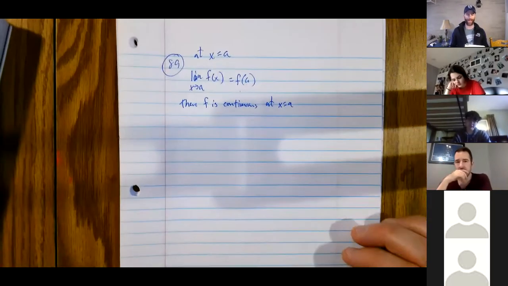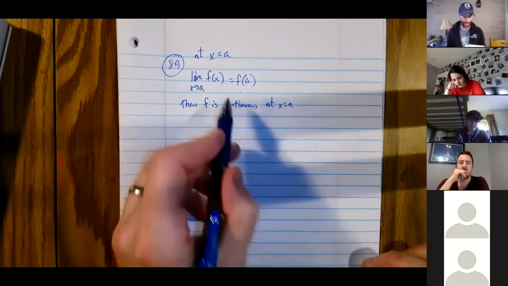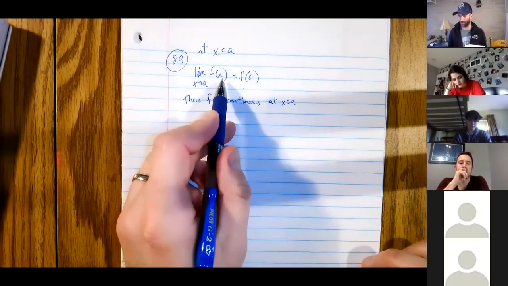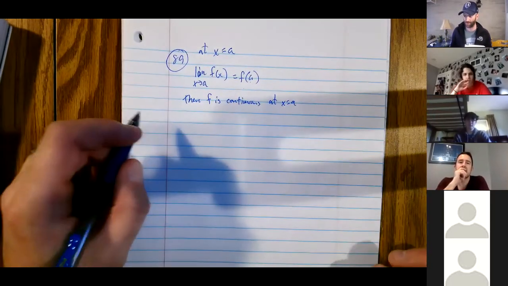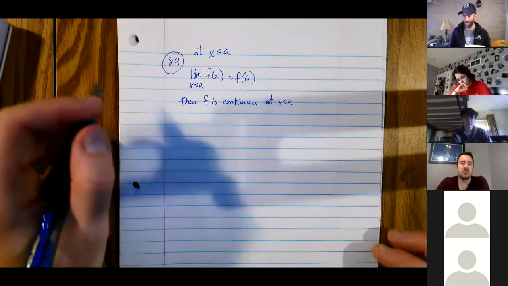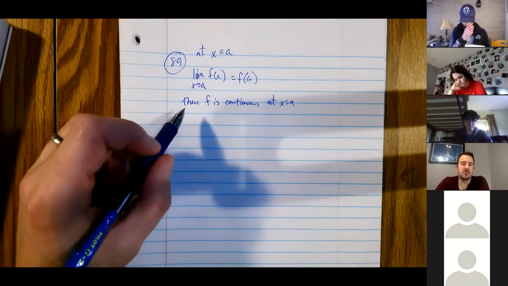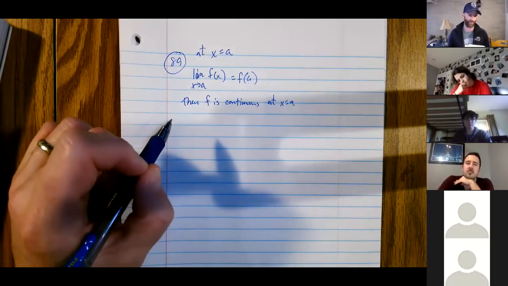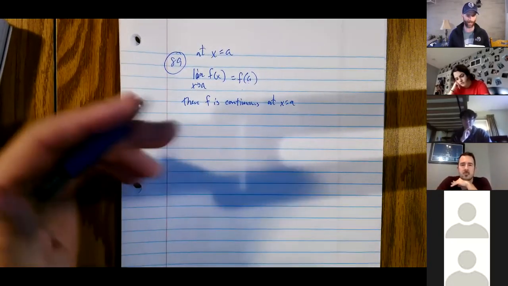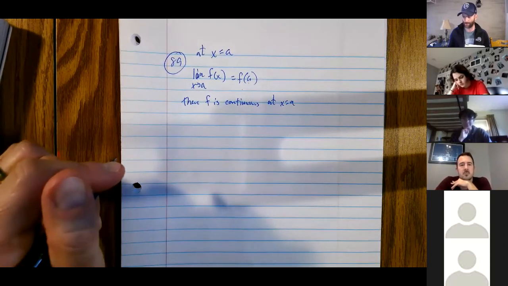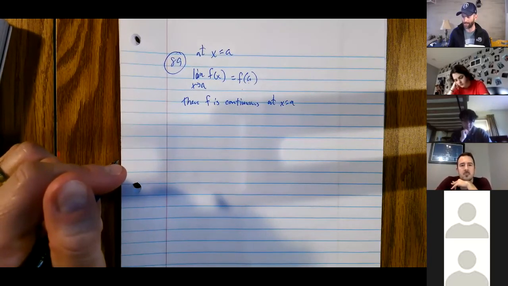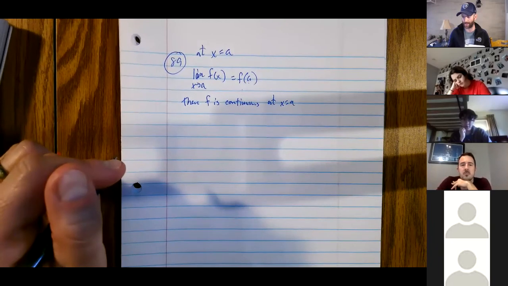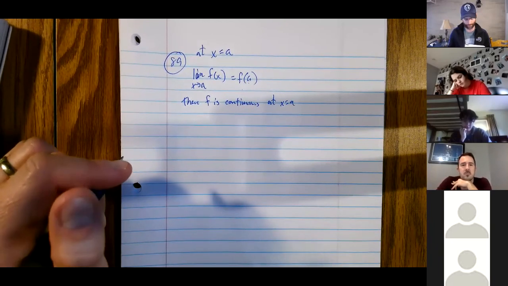And that's what we are told specifically by that statement. So which of the following must be true? A, f must be continuous. But what about B? F is differentiable. Well, remember, just because you're told something is continuous doesn't mean that it is necessarily differentiable. It could be like a corner point, cusp, vertical tangent, something like that. So B is not necessarily true.